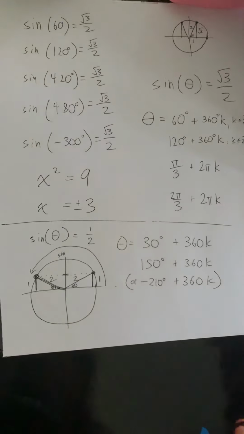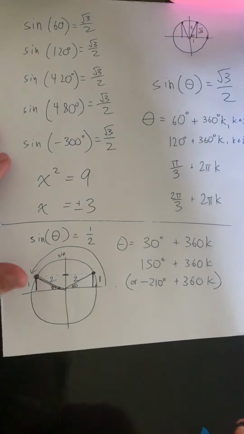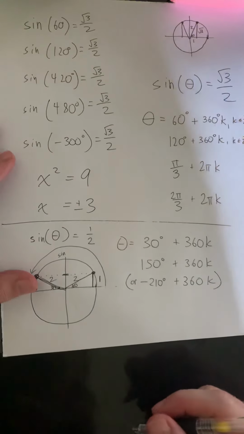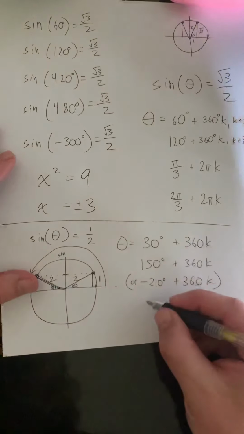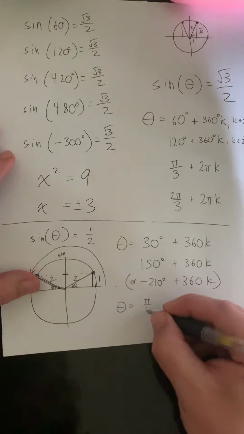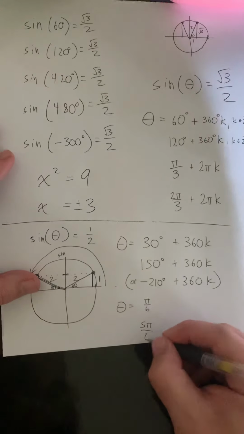Okay? Now, the problem didn't say if they want degrees or radians. I just did degrees because it might be easier for you guys to start with that to follow. But you need to know how to do radians as well. From here, we can just translate it. 30 degrees is pi over 6. 150 is 5 pi over 6.